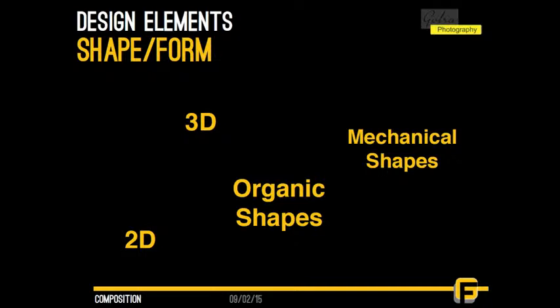Organic shapes are like fruit shapes, shape of a person's face, shape of a flower. So those are organic. 3D shapes like cube is a 3D shape, but a square is a 2D shape. Triangle is a 2D shape, but pyramid or cone is a 3D shape.